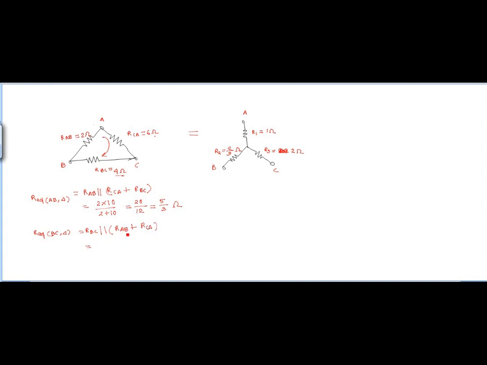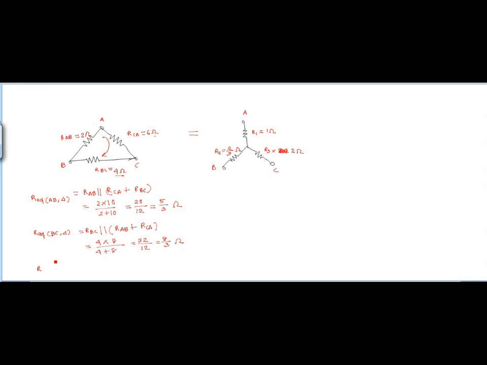Now RAB is 2 ohm, RCA is 6 ohm, 2 plus 6 is 8 ohm, 4 ohm parallel with 8 ohm gives 8 divided by 3 ohm.